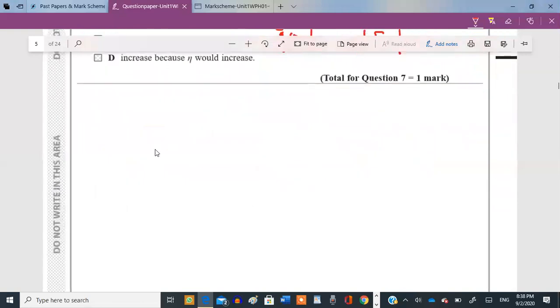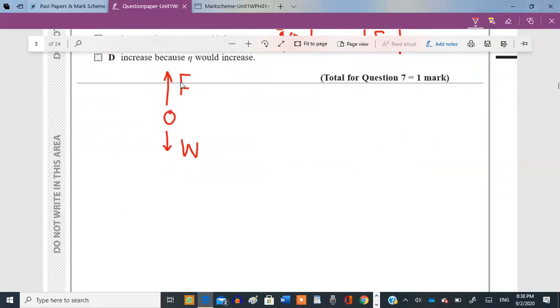Basically, you could think of it this way. A ball is falling with its weight, and now if you increase the viscosity, then the upthrust force will increase at a faster rate and will balance out the weight.